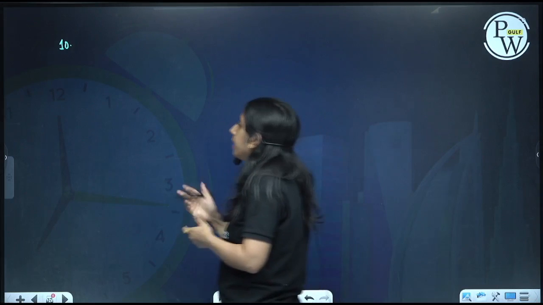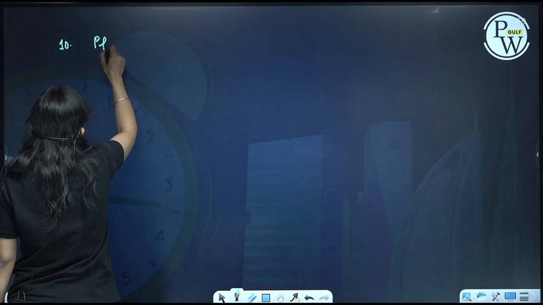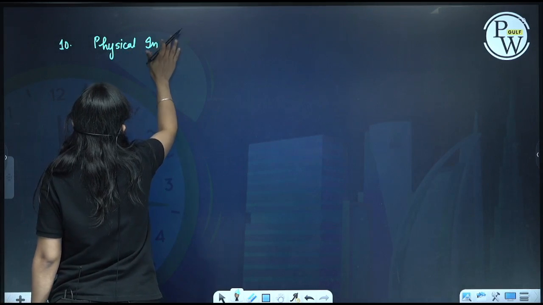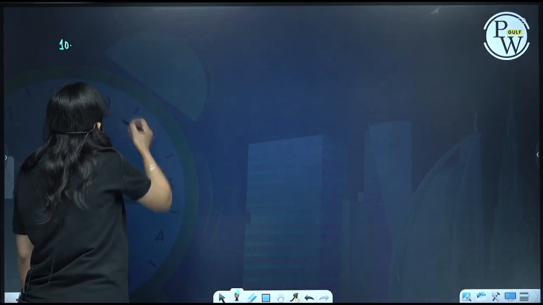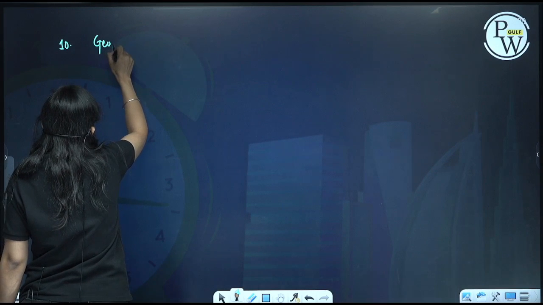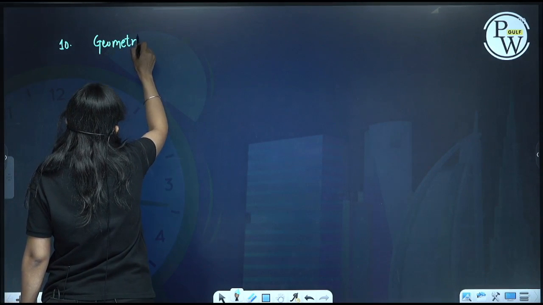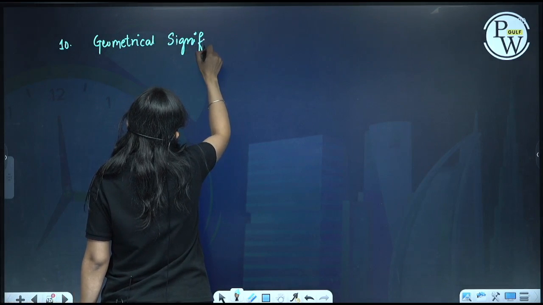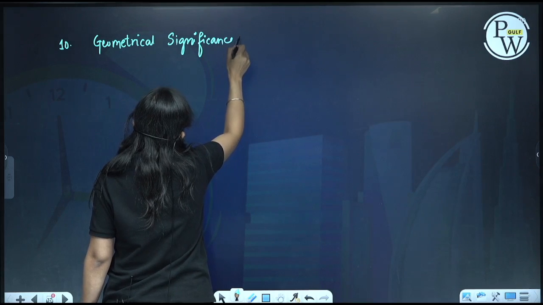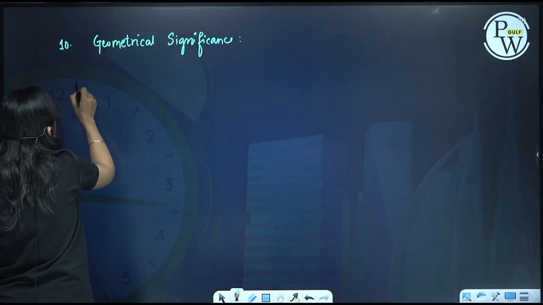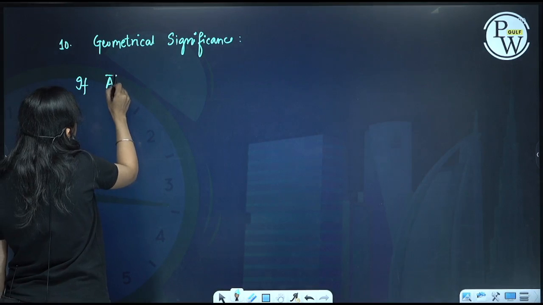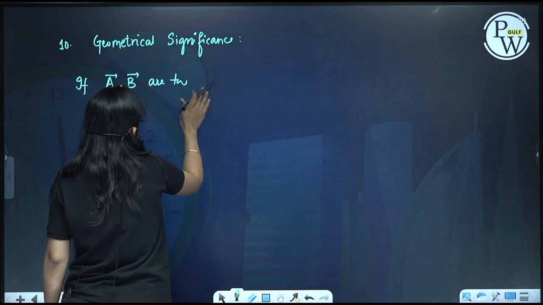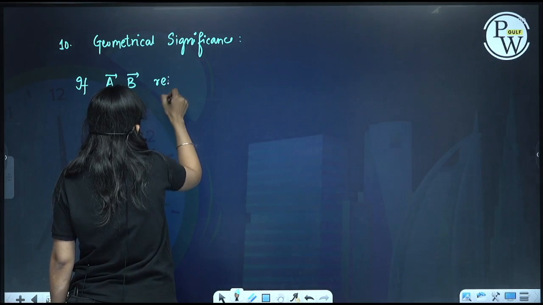Now let's see the physical interpretation or geometrical significance.